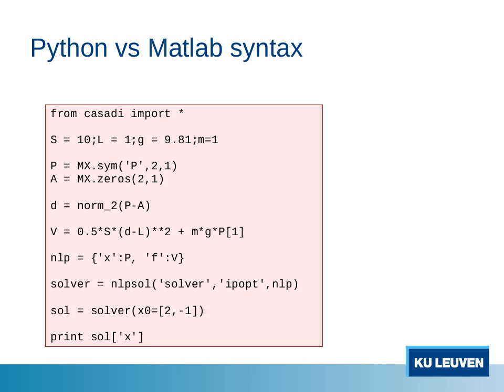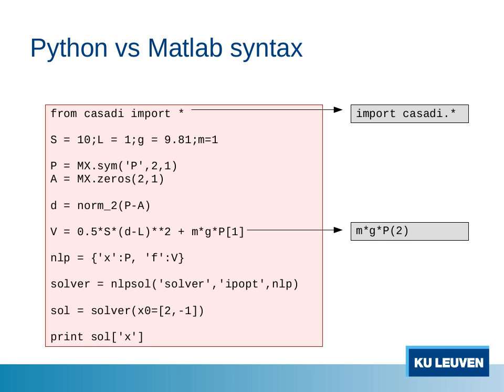We can also use CasADi from Matlab. Let's take this Python example and see where we need to modify it for Matlab syntax. The import statement becomes import casadi.*. In Matlab indexing is 1 based versus 0 based in Python.